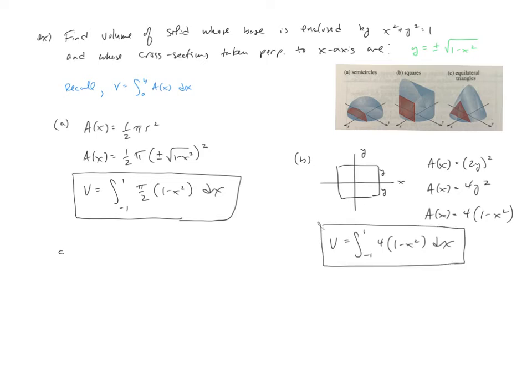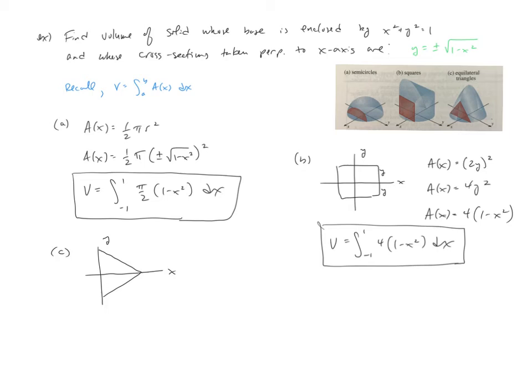Part C is going to require a little additional work, but it's not too bad. I'm going to start it the same way as I did Part B, drawing a picture, hopefully similar to what you see up on the screen. Now pay close attention to how I'm drawing this. I'm drawing this so that we've got our equilateral triangle coming up the x-axis.